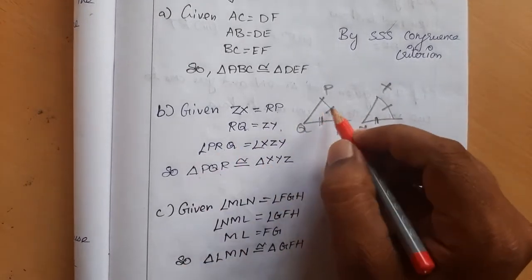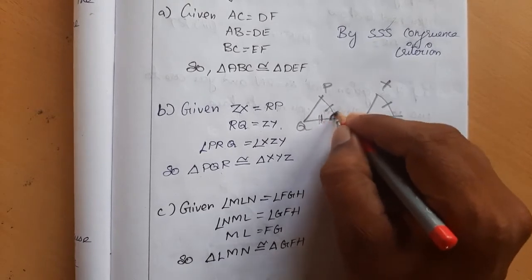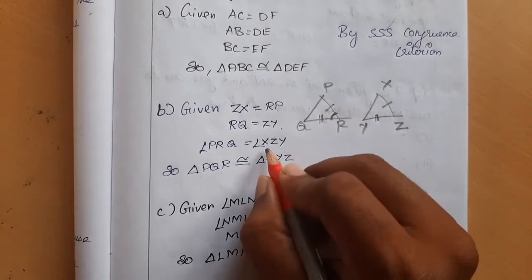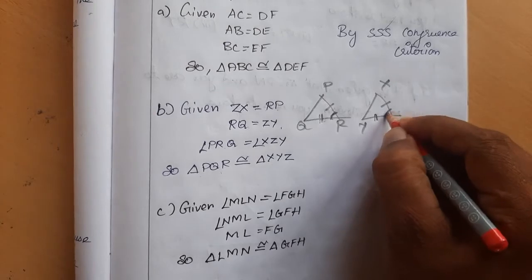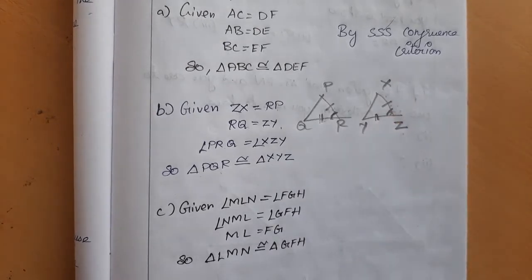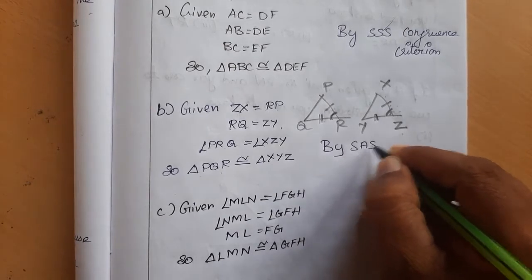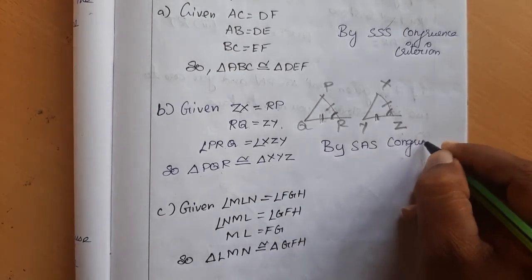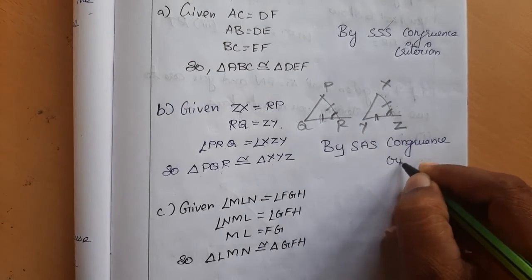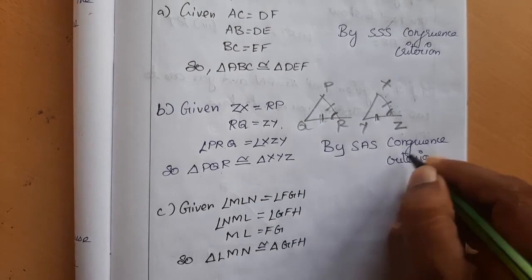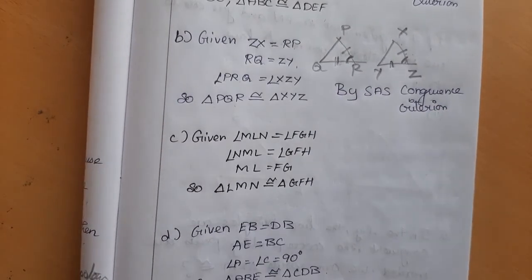And angle PRQ, this angle, yes, is included in between the two sides. And angle XZY, this angle is also included between the two sides, right? So two sides and the included angle. So by what criterion? By SAS congruency criteria. Clear? The next one.